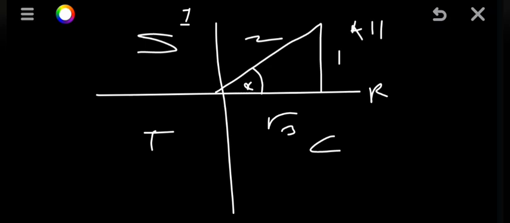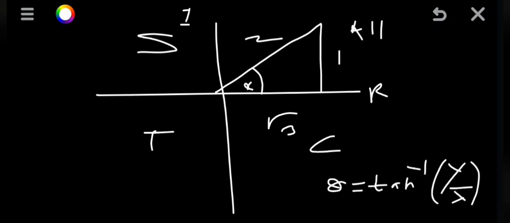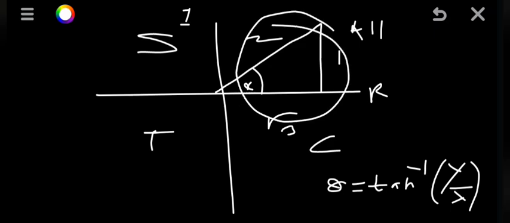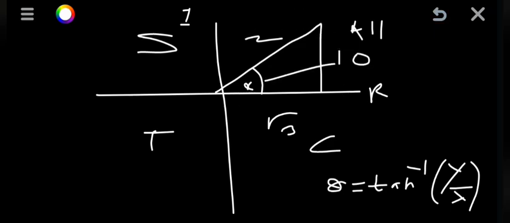Now when you're finding theta, always use this formula: theta is equal to tan inverse of y divided by x, where y represents the imaginary part and x represents the real part. From this triangle, we can see that this one is the opposite, the adjacent is this one, and the hypotenuse is this one here.